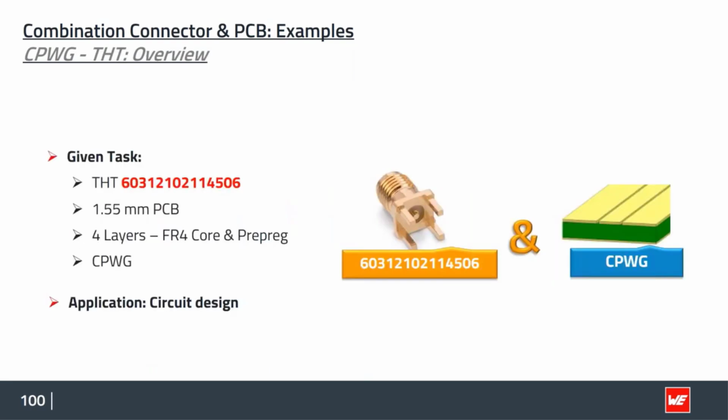And then finally, what we also did is to put this vertical version with the THR ground posts and the SMT signal pin on a coplanar waveguide 4-layer system with 1.6 millimeter.